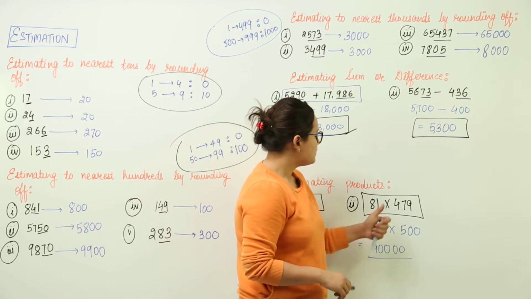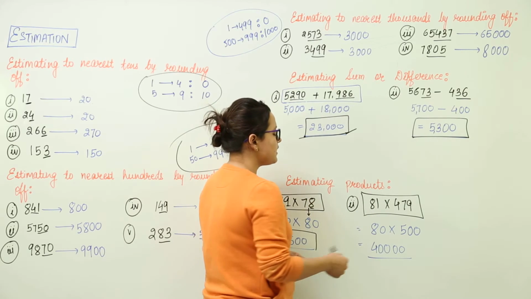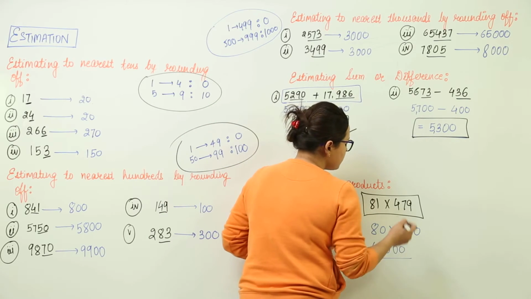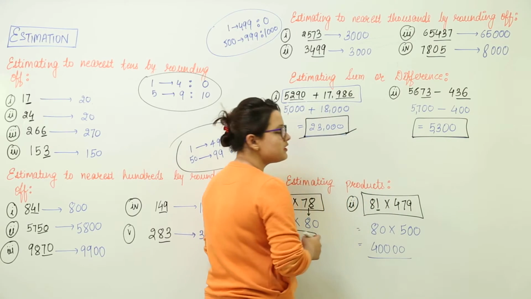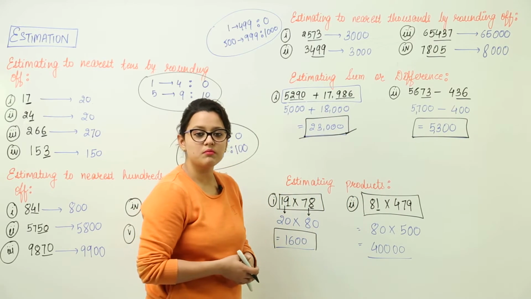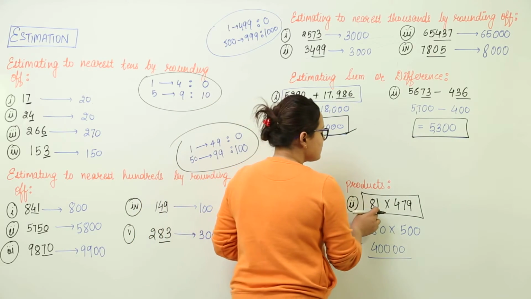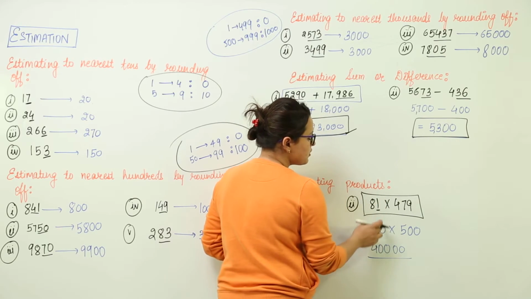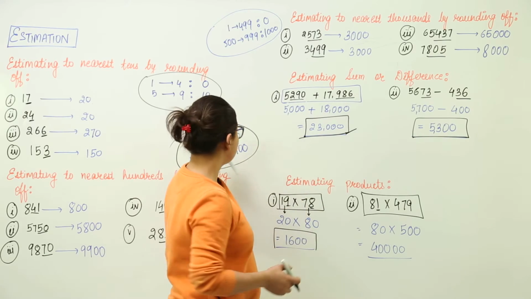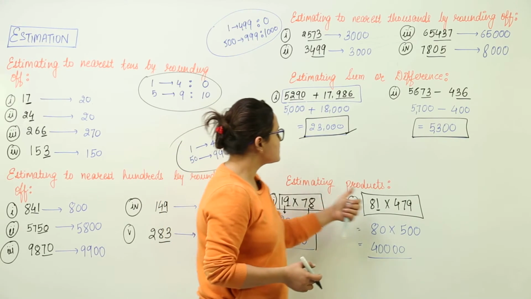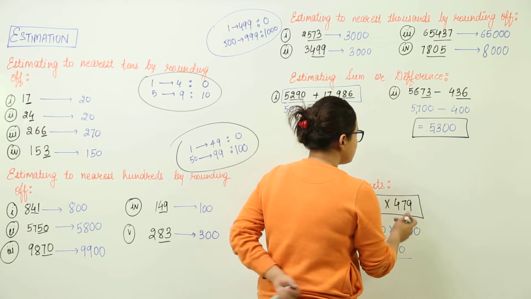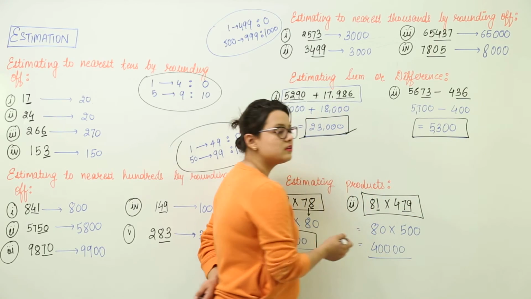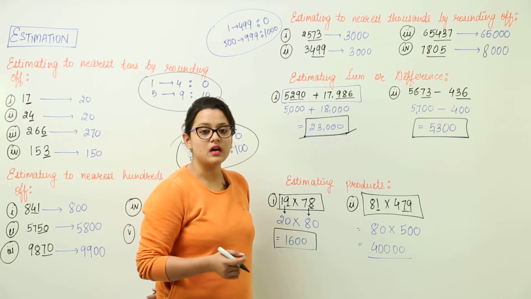Next is this 81 into 479. Now 81 again can be estimated to the nearest tens because it is a two digit number. For that you will check the ones place, that has 1, and this has been converted into 80 because 1 is over here, right. So next is 479. Now this again we are considering the estimation to the nearest hundreds place.